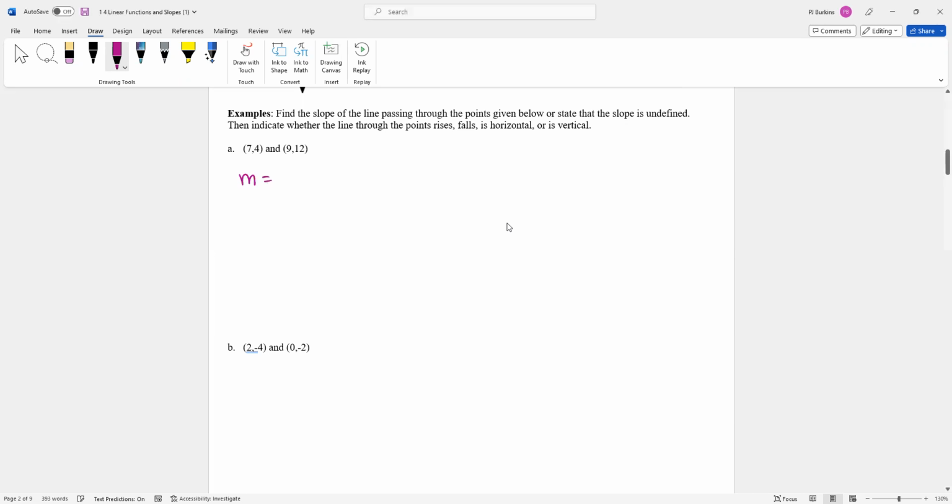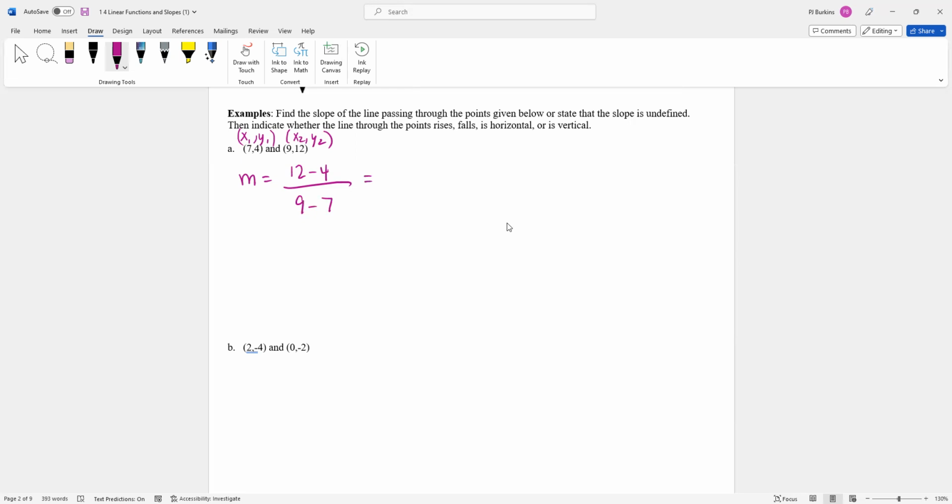So m equals, I'm going to call this one x1, y1, this one x2, y2, and it doesn't matter which one you choose as the first point. So I need to do 12 minus 4, and then 9 minus 7.